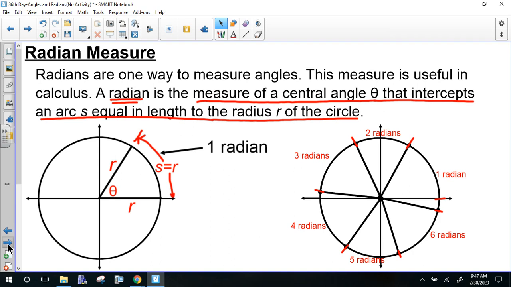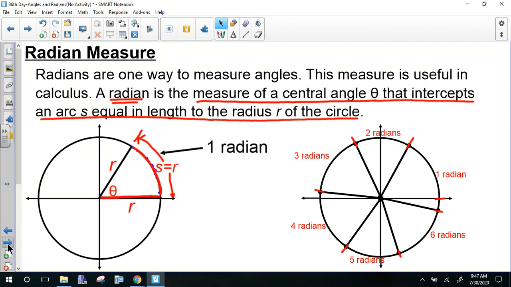Well, if I take this length right here of a radius and lay it out on the edge of the circle, 1 radian would be equal to the length of the radius. So this distance of the radius and this distance of the arc are the same length. That is 1 radian.